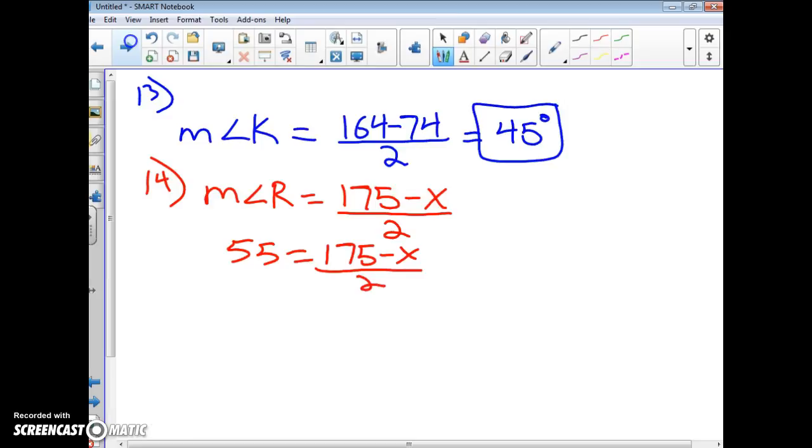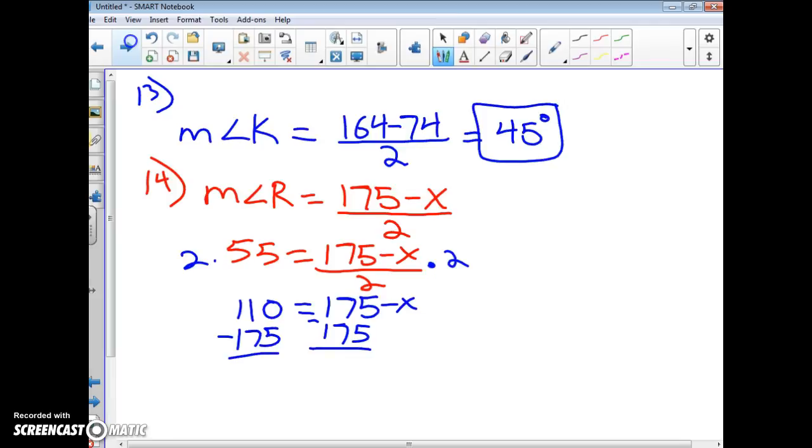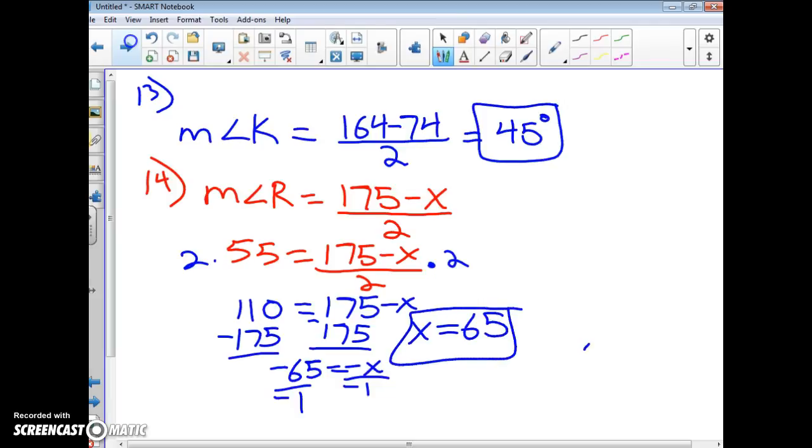The first thing I'm going to do is multiply both sides by 2. In doing that, I get 110 equal to 175 minus x. I'm going to subtract 175 from both sides. After doing that, I get negative 65 equal to negative x. Divide both sides by negative 1. I get that x is equal to 65 on that problem. And that's answer choice C.